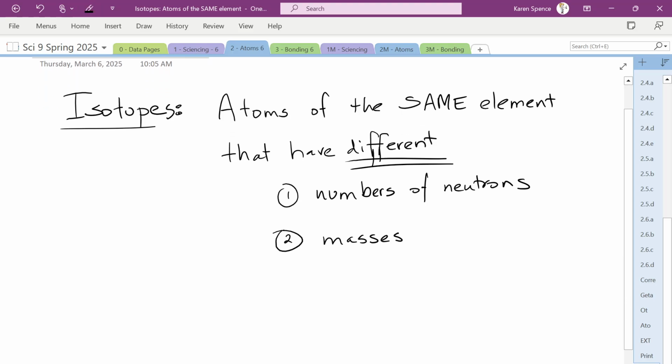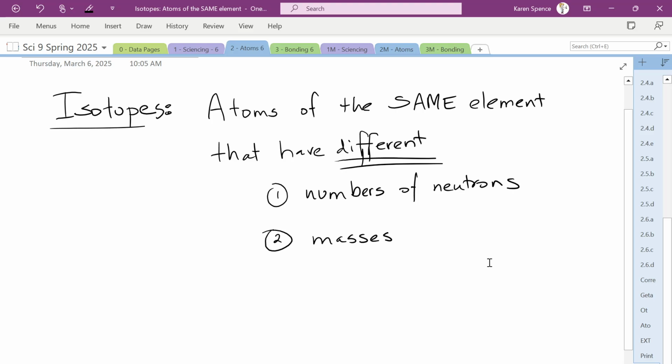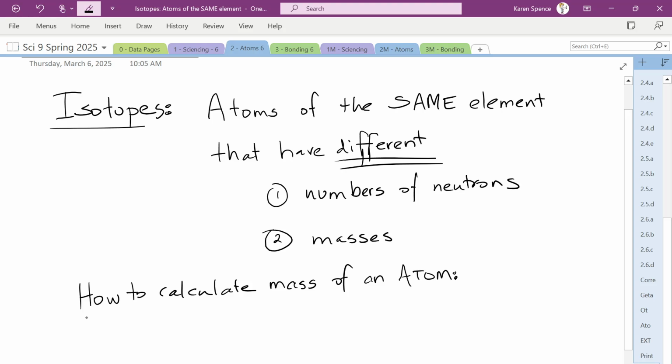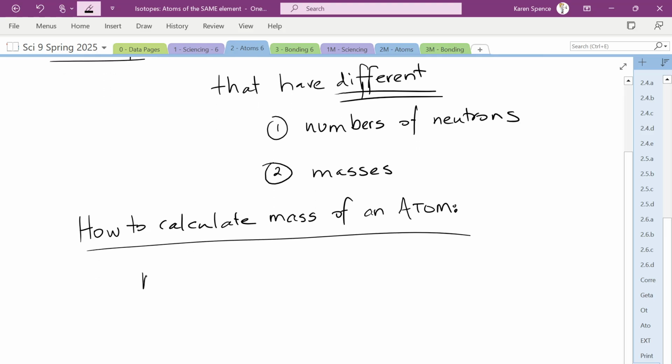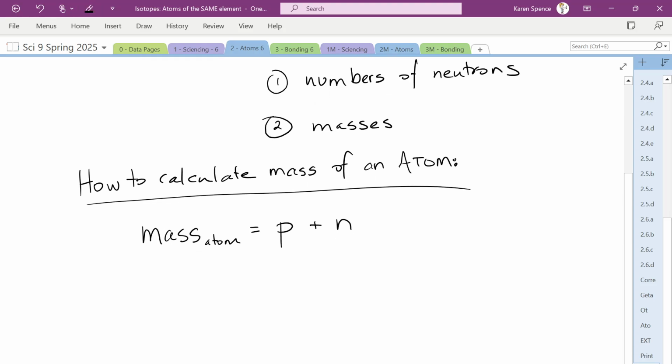And let's remind ourselves, how do we calculate the mass of an atom? Yes. So the mass of an atom is equal to the protons plus the neutrons. What do we call the mass of an atom?